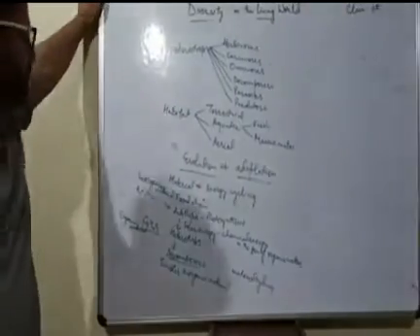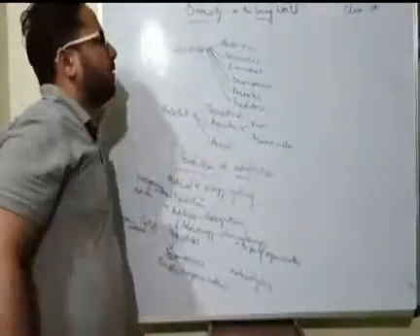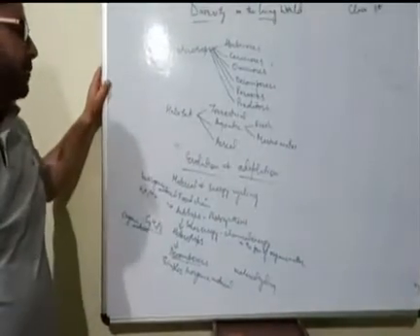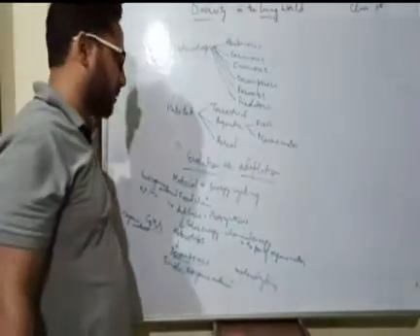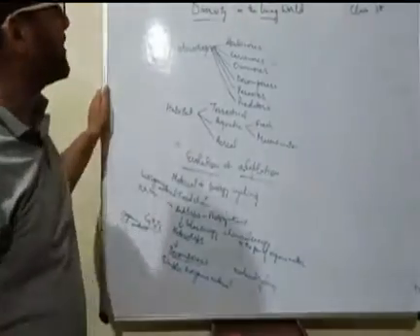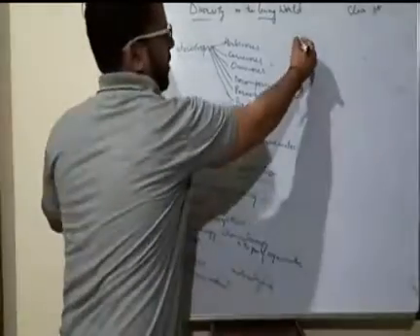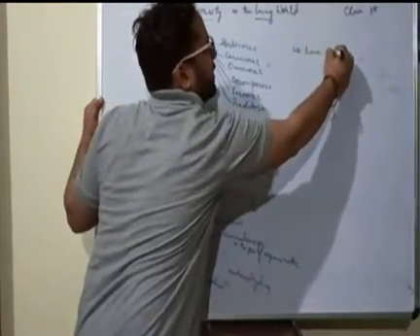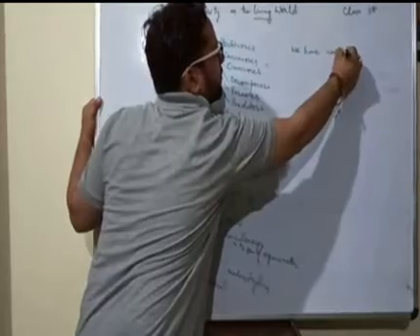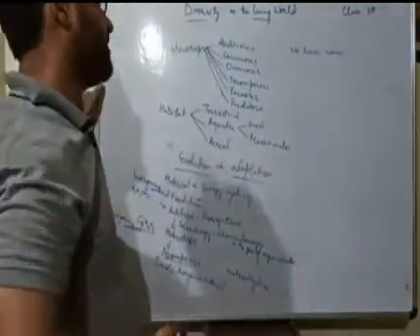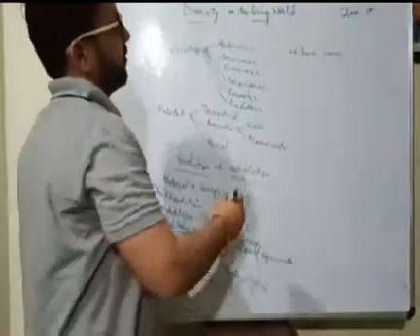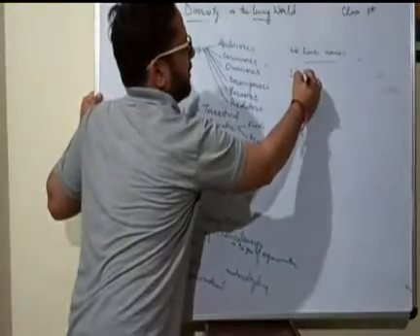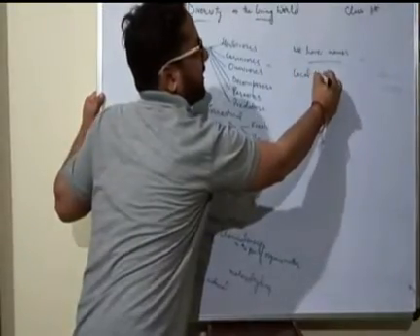Let me tell you, this huge world of living organisms is not so easy to understand. To understand this, we have names. All the living organisms have particular names, which we know as local names or English names.